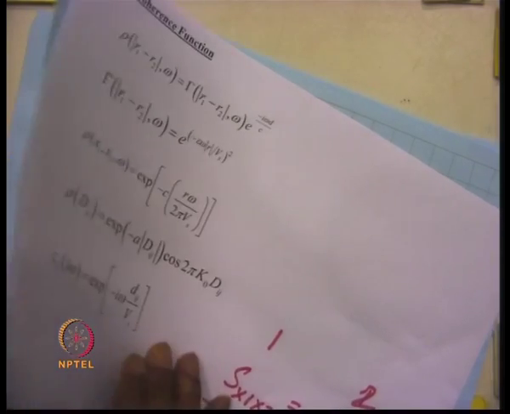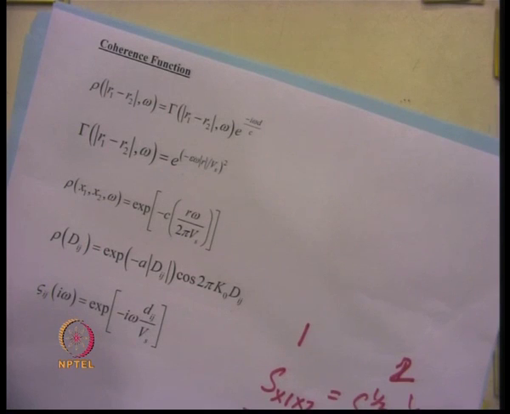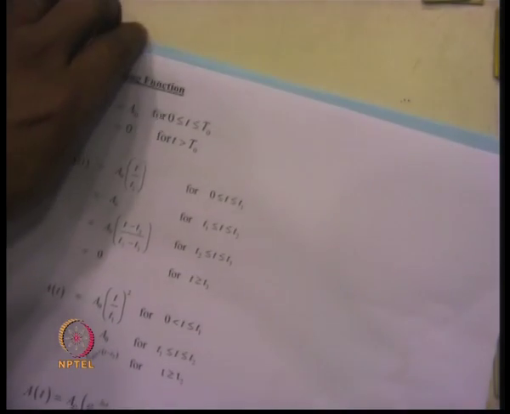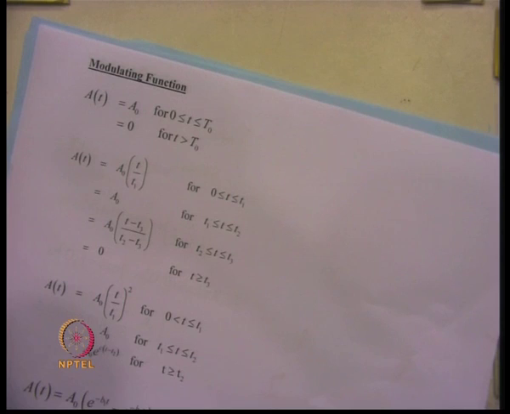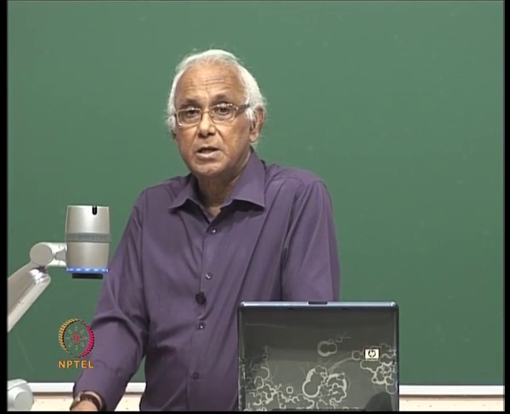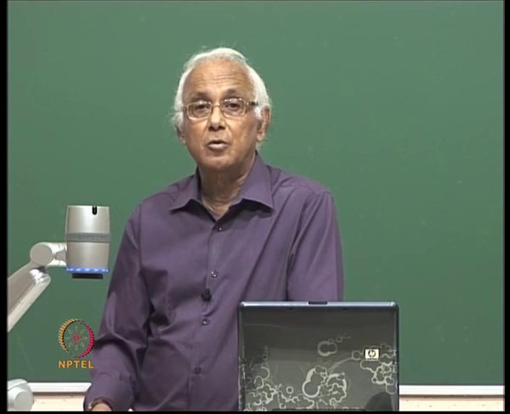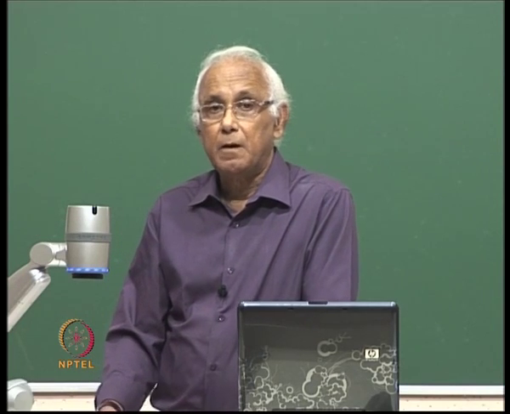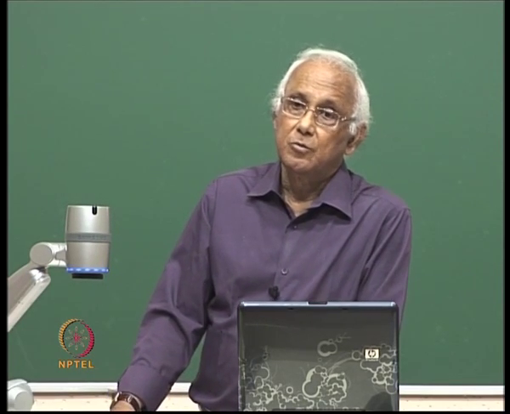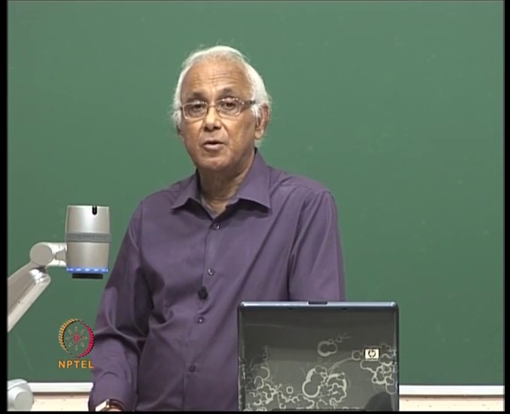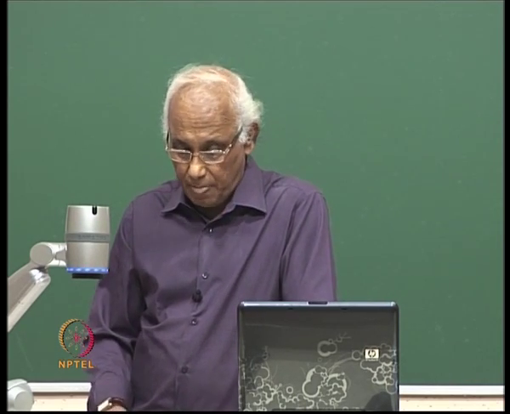Then we have a number of expressions for the modulating function, that we talked of in the previous lecture, that modulates a stationary process to a uniformly modulated non-stationary process, or we call it the uniformly modulated power spectral density function, which is also known as the evolutionary power spectral density function.